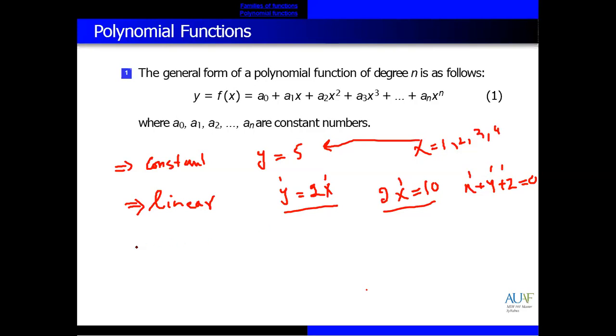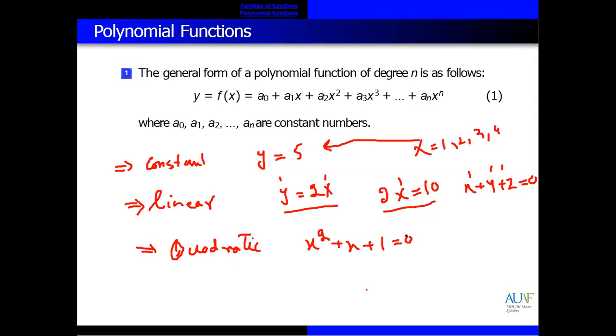We will discuss the constant function and the graphs of constant and linear separately, but here is just an introduction that these are the types of polynomial function: constant, linear and quadratic. What does quadratic function mean? When the variable power is 2. Quadratic functions are like x square plus 2y, or x square plus x plus 1 equal to 0.